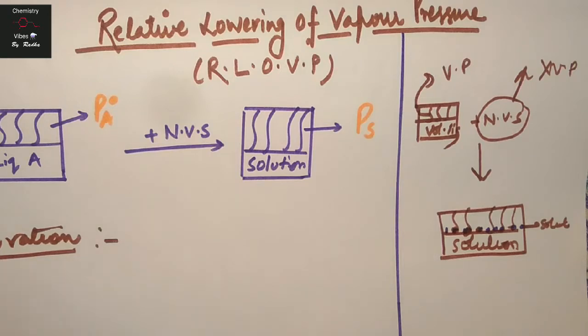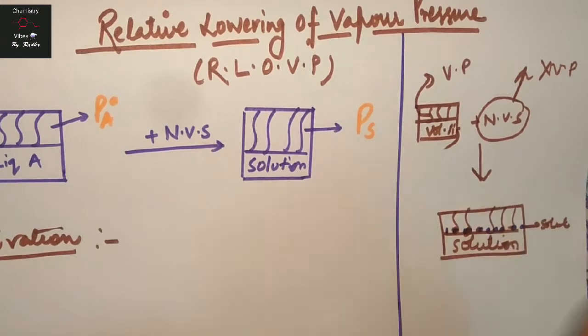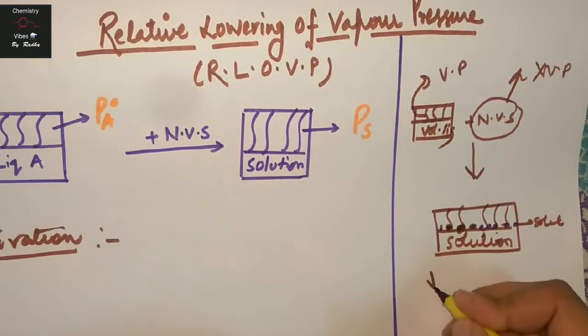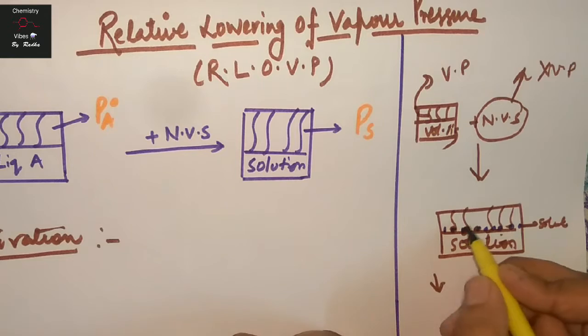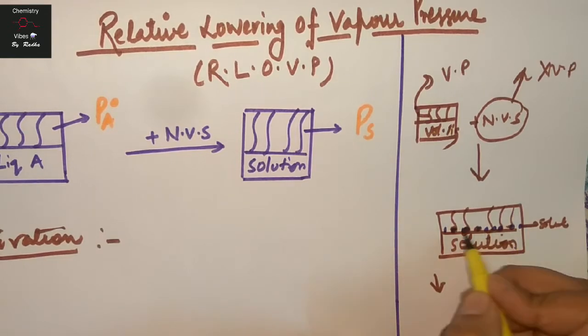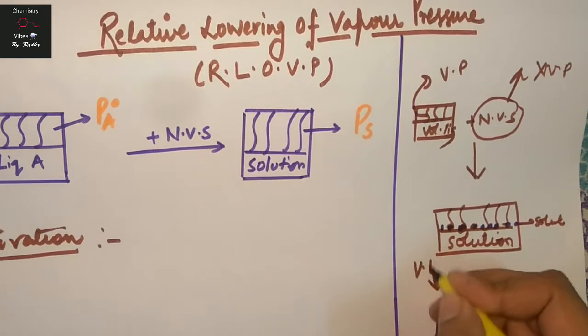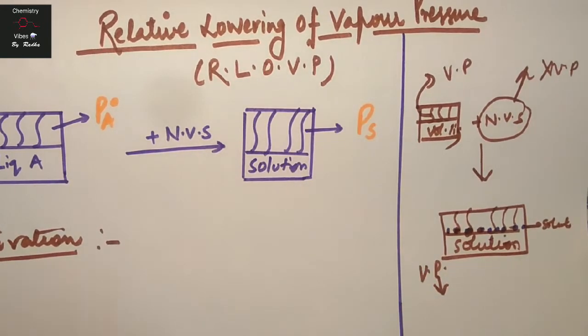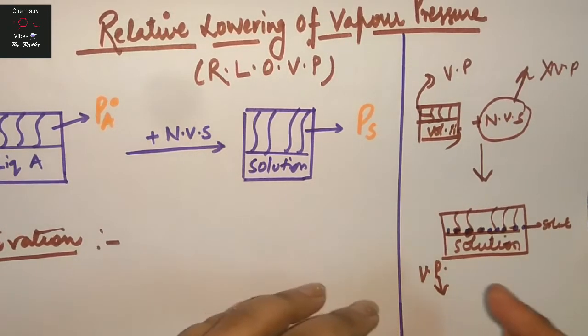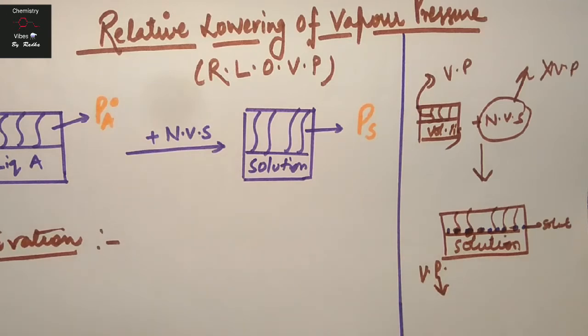Now, as we know that vapor pressure is a surface phenomenon, right? So the effective vapor pressure of the solution decreases. Why? Because on the surface there are solute particles, and the overall vapor pressure of the solution has decreased because of the presence of non-volatile solute on the surface, right?